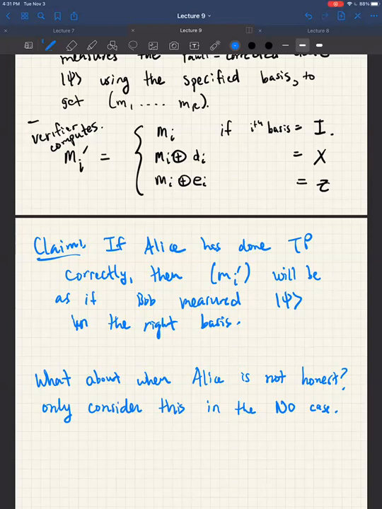So there is no state psi that Alice could send over that would measure to have low energy.